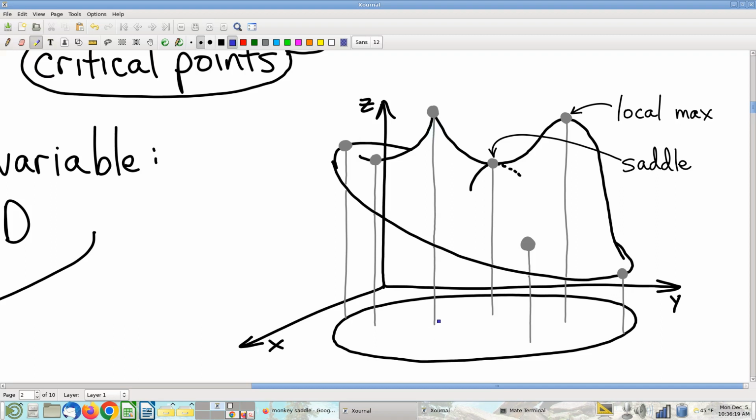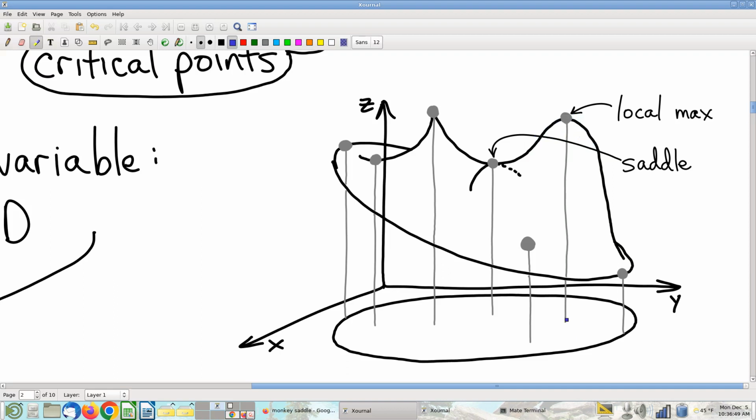It's also possible that I'm at a point where the function is maybe not the highest one, but it's at least the highest anywhere nearby. This is a little mountaintop kind of a thing. This is not the top of Mount Everest, but it's the highest point within a couple hundred yards. So it's a kind of a max. It's a local max, we call it.